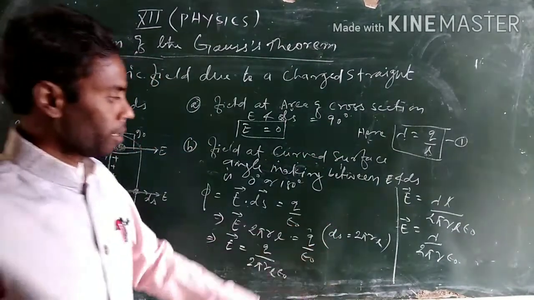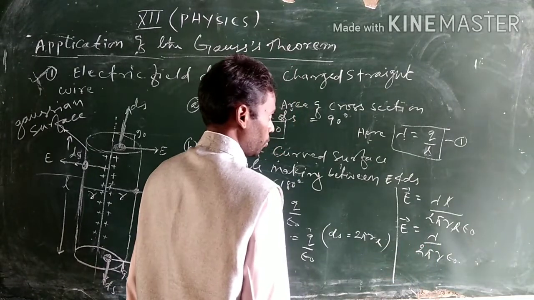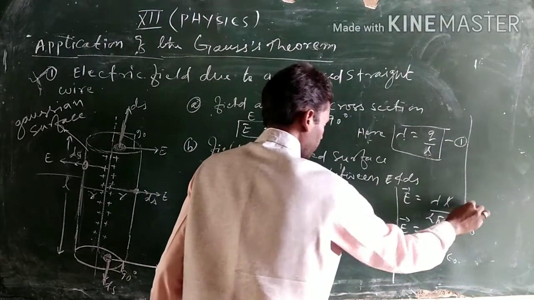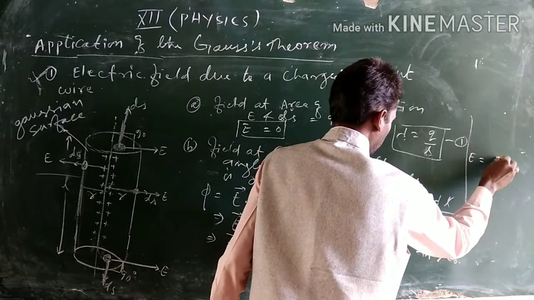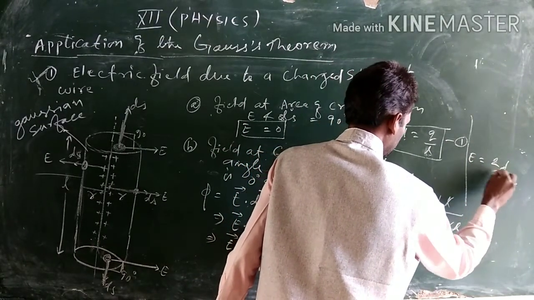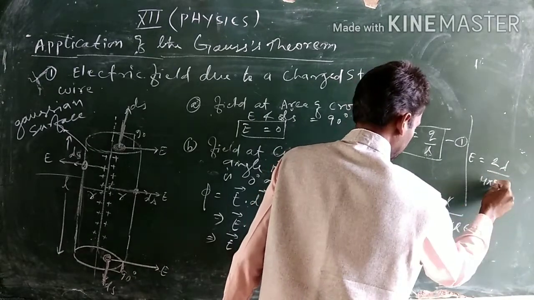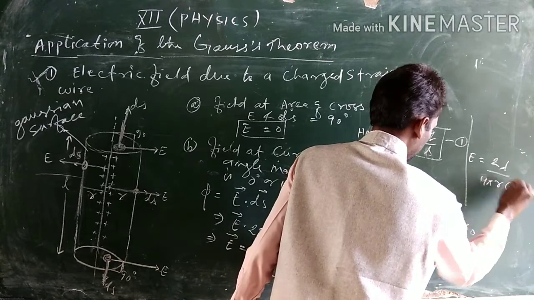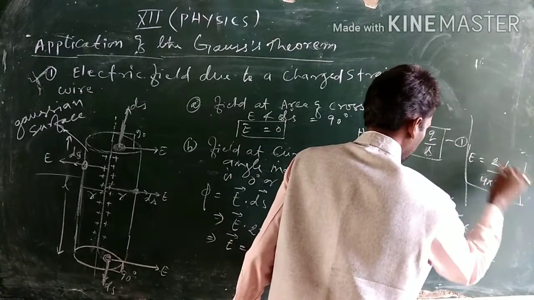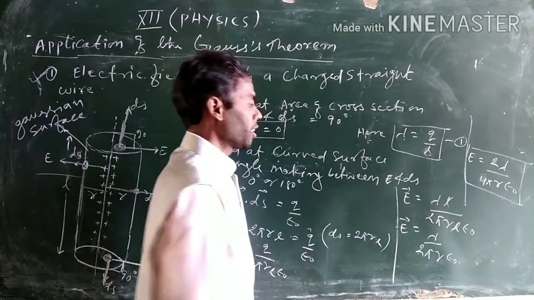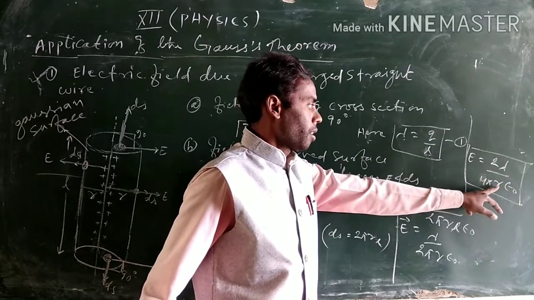That means we multiply the right hand side term with 2, then our electric field is equal to 2 lambda divided by 4 pi R epsilon naught.